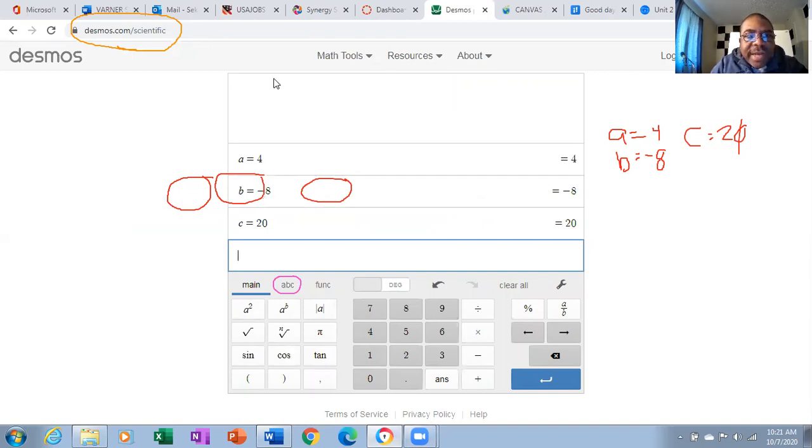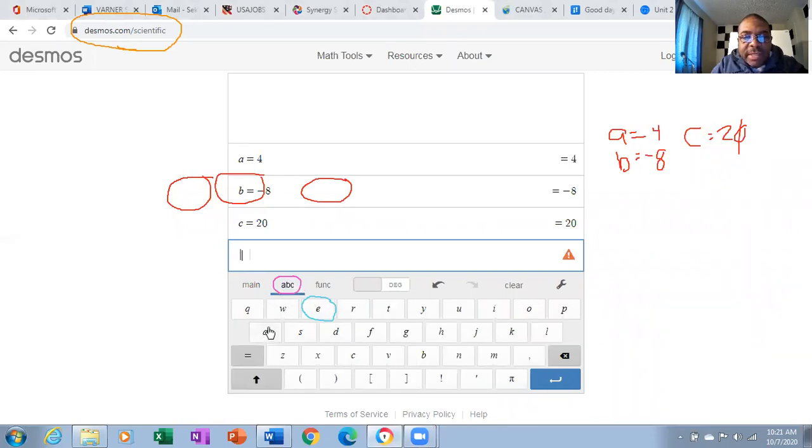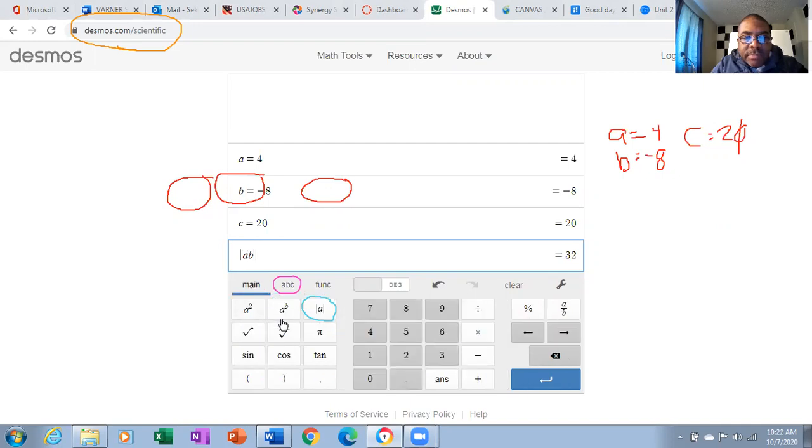Right here is the absolute value key. So we're going to hit the absolute value key and then go back to ABC, A, B, go back to main, hit the absolute value key, and the answer is right there.